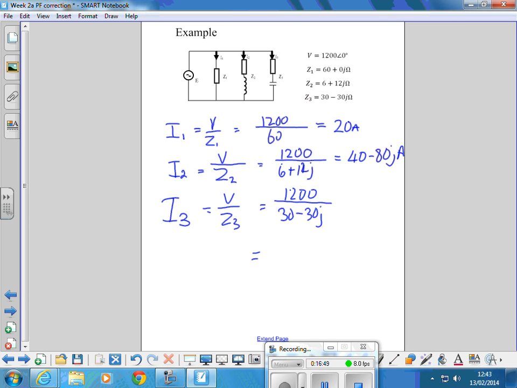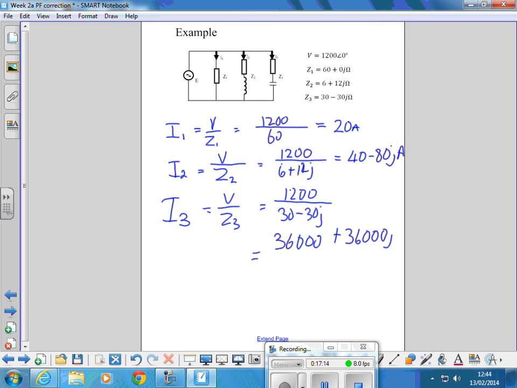Before you divide it through. 36,000 plus, because you've got to multiply by the complex conjugate of that, which will be 30 plus 30J.